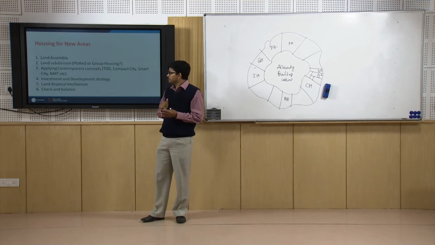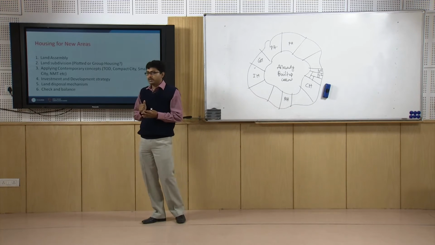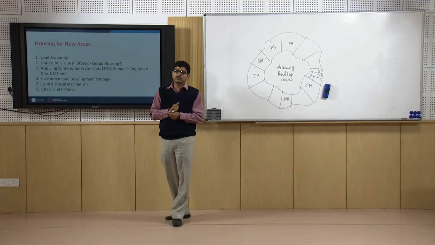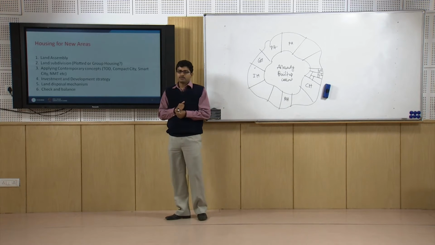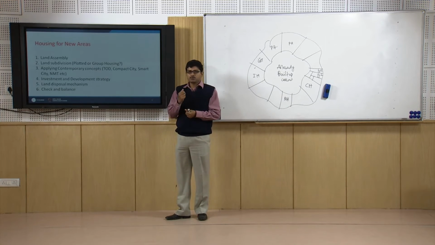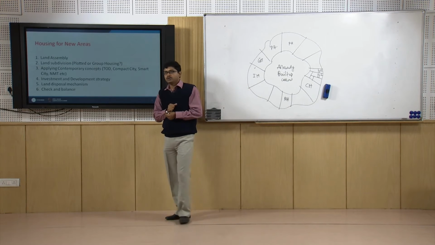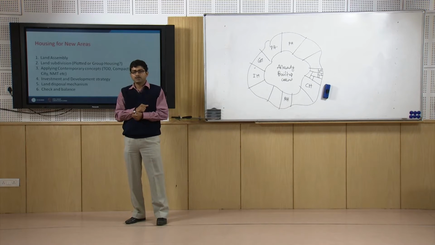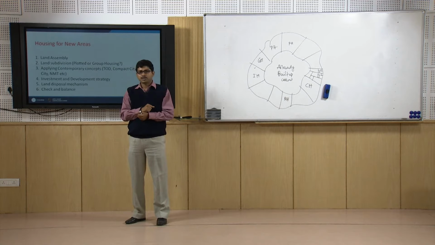Another approach could be that you call an open tender or bidding for the land, and whoever is the highest bidder, you allot that land to the highest bidder. Usually the bigger land, or the commercial land, or where major investment is possible and private developers are involved, is given through the bidding and open tendering process.